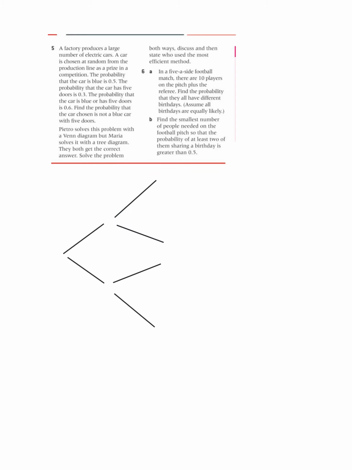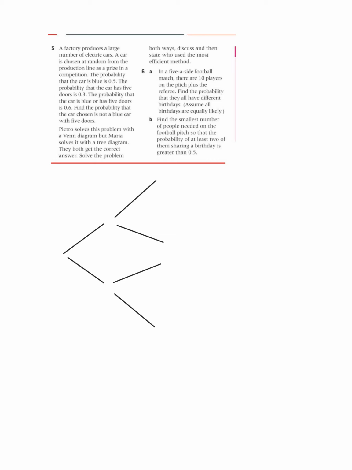Let's now have a look at Maria's approach. Now she solves it with a tree diagram. So I've put in the branches. Now it tells us, same information, that the probability that the car is blue is 0.5. So we'll start with that.